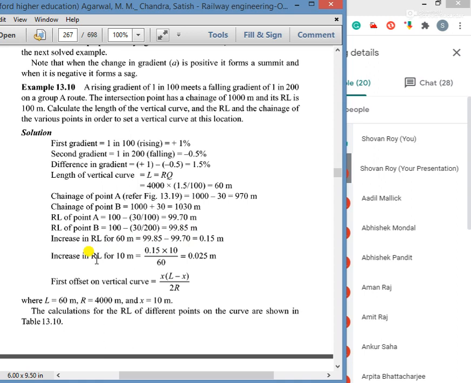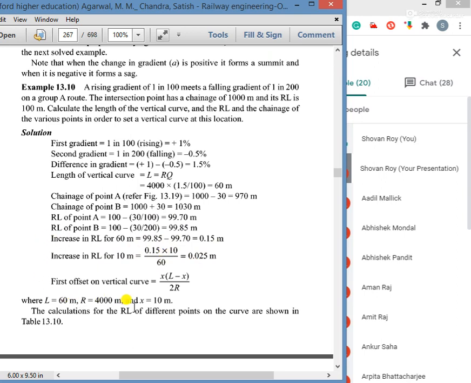Increase in RL for 60 meter, because the length of the vertical curve is 60 meter. Our starting point was 99.70 and ending point is 99.85, so the increase in RL for 60 meter is 99.85 minus 99.70, that is 0.15 meter. Increase in RL for 10 meter is 0.15 into 10 by 60, that is 0.025 meter.